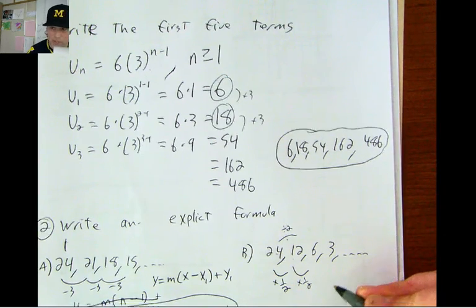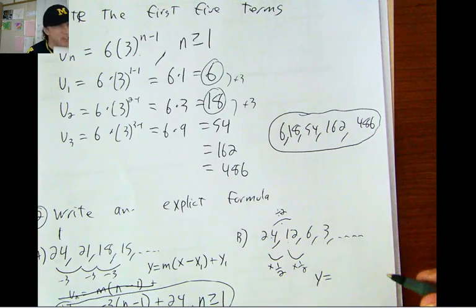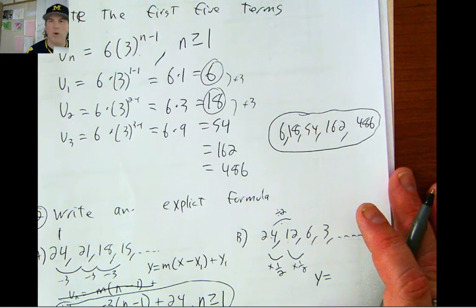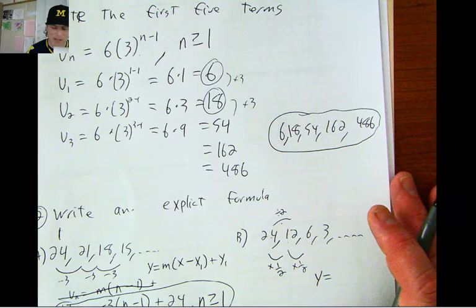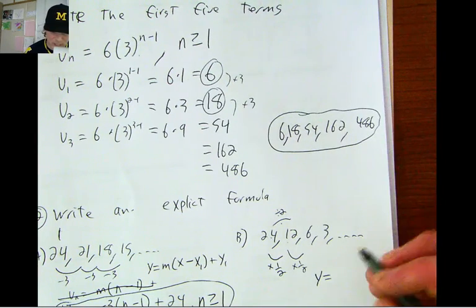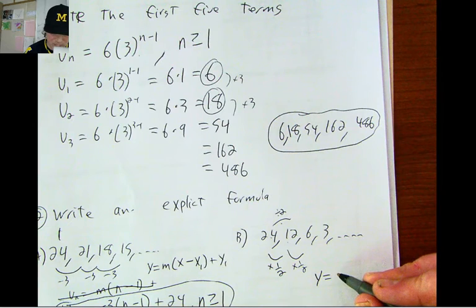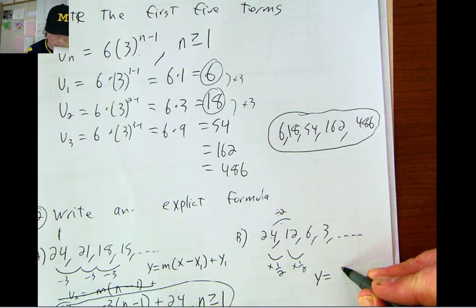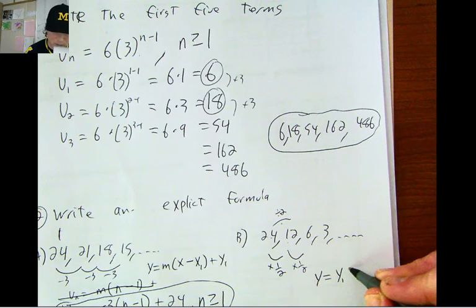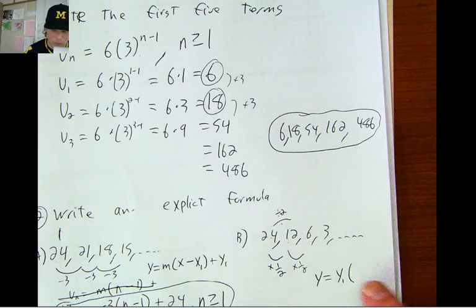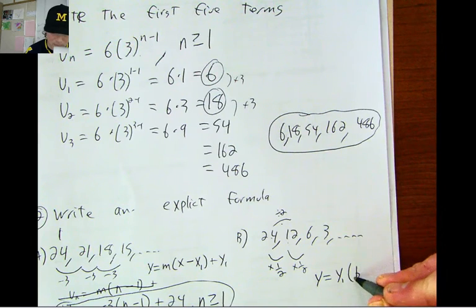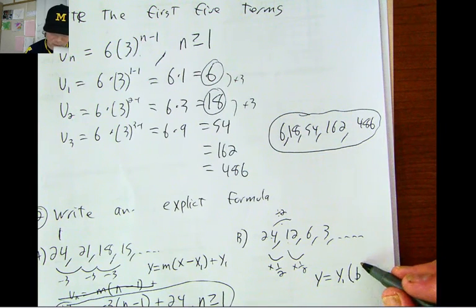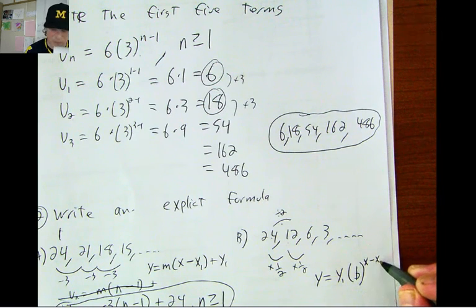If you recall, this was way back when we were doing, I think it was chapter 4. No, it was chapter 5. The first chapter, 5a, was exponential equations, and we worked equations like this, that y was equal to y1, our first y coordinate, times your multiplier, b to the x minus x1.